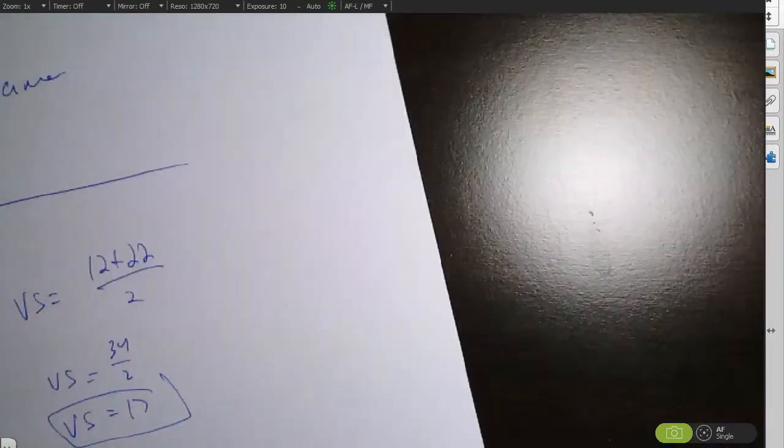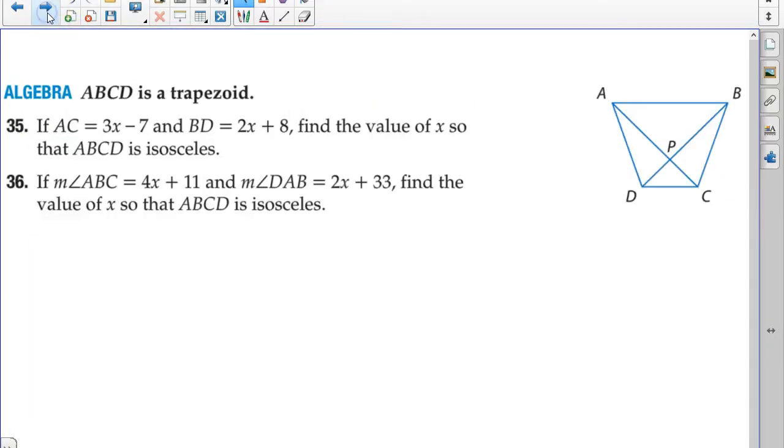All right. Okay. Next example, take a look at from the homework. Number 36. So we have another isosceles trapezoid problem. Okay. So they're telling us on 36, the measure of angle ABC is 4x plus 11.